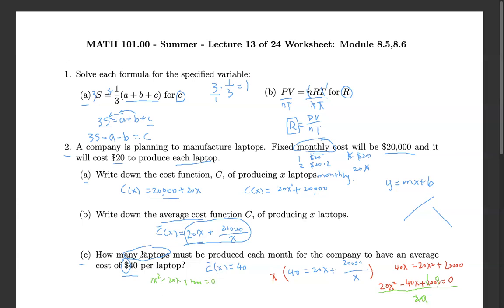Now we need to solve for this. So we can think, 2 factors of 1,000, right? 20 cancels this, cancels that. Yeah, this is 1,000. So we need to think about 2 factors of 1,000 that add up to be 20. Is that possible?